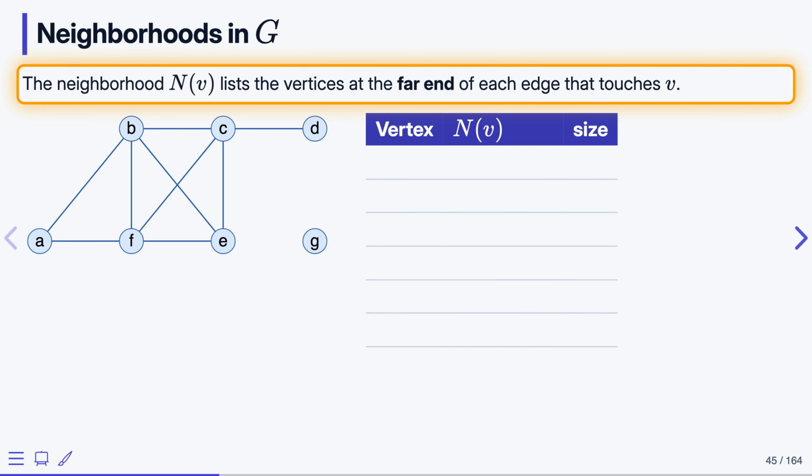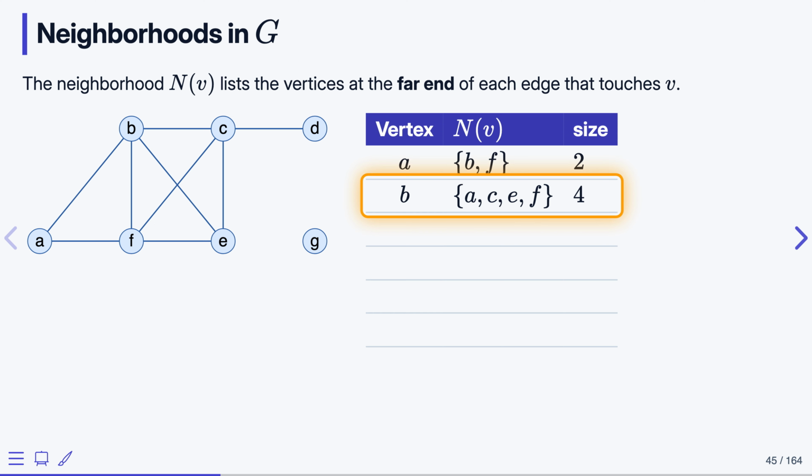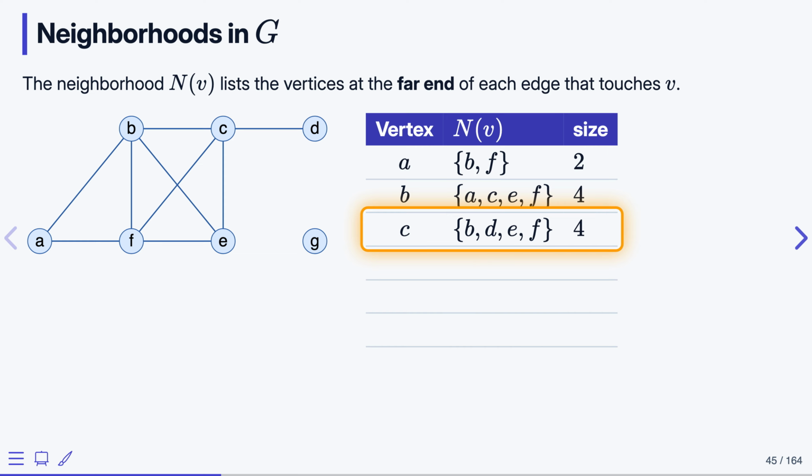The neighborhood is easy once we have the edges. For each vertex, we walk along every edge that touches it and write down the vertex at the far end. The neighbors of A are B and F, 2 of them. The neighbors of B are A, C, E, and F, 4. The neighbors of C are B, D, E, and F, 4.